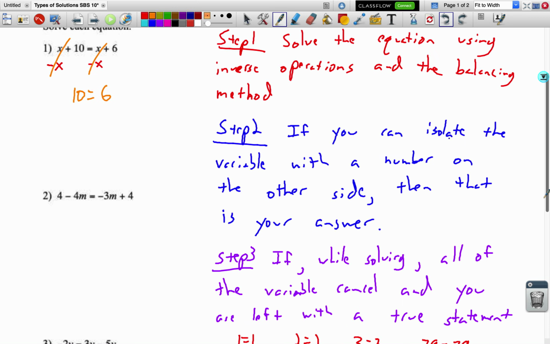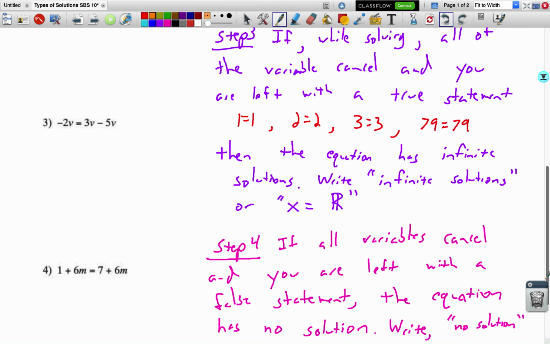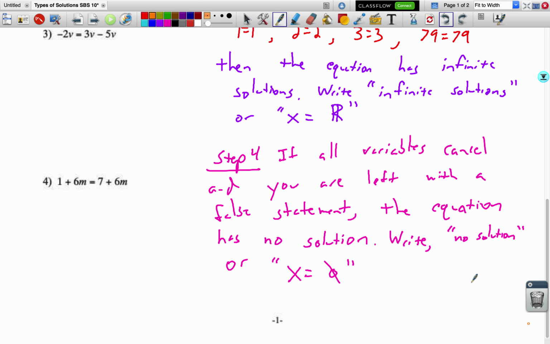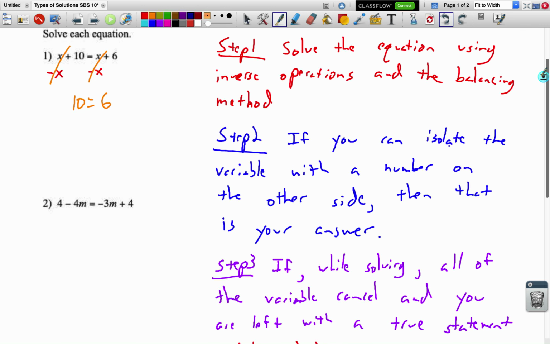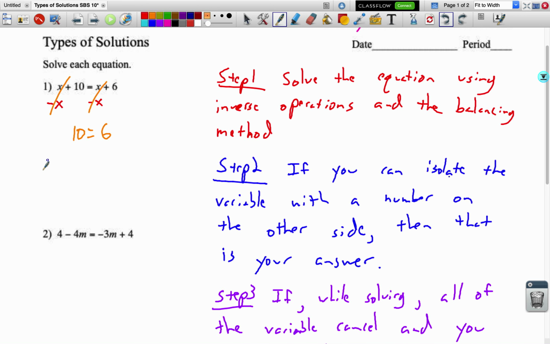Well, 10 equals 6 is false. So maybe we should have written some examples here, like 1 equals 2. All right, and so we check, what should I say? I should say no solution. You can just write it just like that and move on.